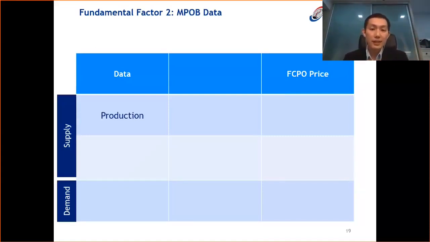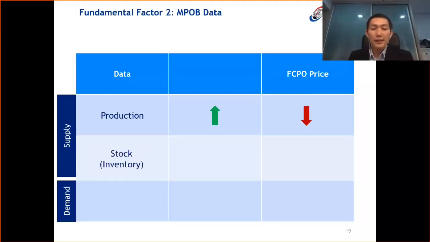So the first thing, let's say if your CPO production is actually higher, what does that mean? It means that your producer is actually producing more, so there would be even more supply in the market, right? So generally, back to our demand and supply theory, when there is more supply, we expect the FCPO price to come down. Now, this is on the general aspect on it.